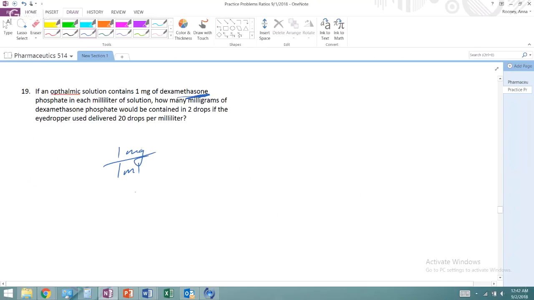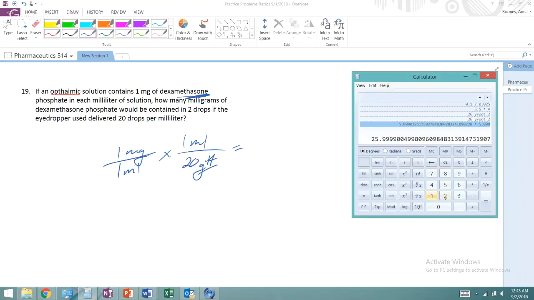So it's 1 to 1, so it's 1 milligram. How many milligrams of dexamethasone phosphate would be contained in 2 drops if the eye dropper used 20 drops per milliliter? 20 GTT is the medical abbreviation for drops. So we're finding how many milligrams per drop.